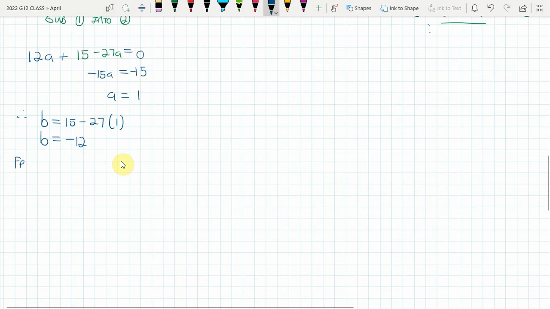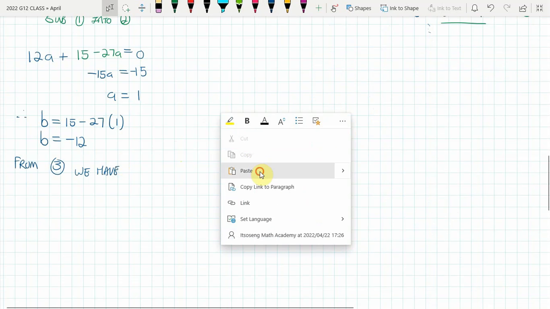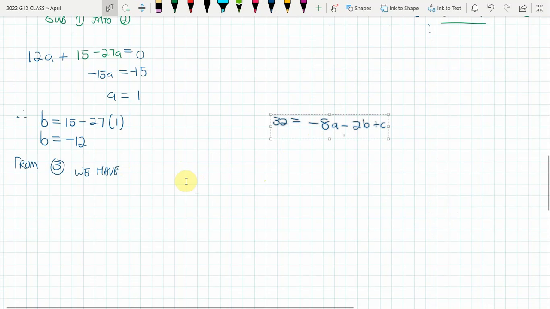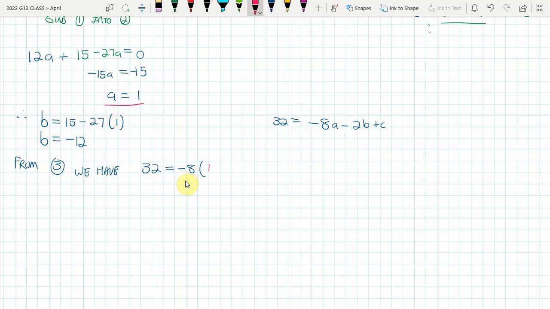Here we can say from equation 3 we have the following. We have 32 equals minus 8 into a. A is 1. And then we have minus 2b. What's the value of b? Minus 12. Now plus c.